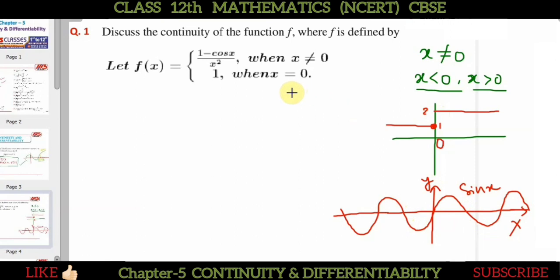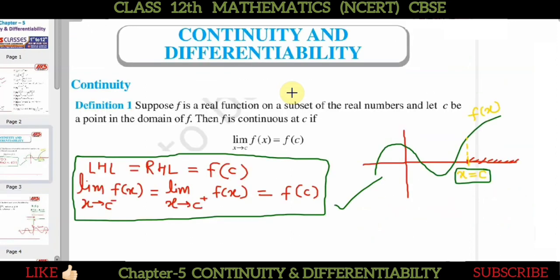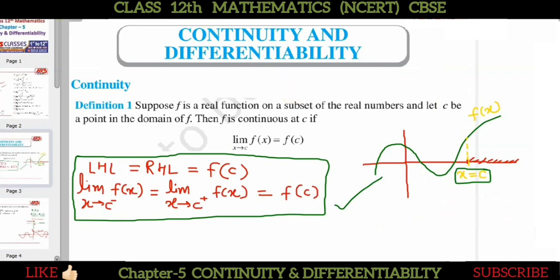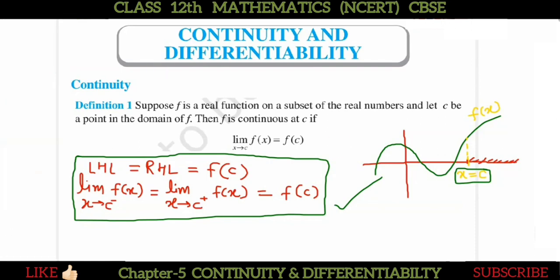But when we have to check the continuity, then we have to satisfy these conditions, and if the conditions are satisfied, then we can say that okay, the function is continuous. Fine. So we'll move further.